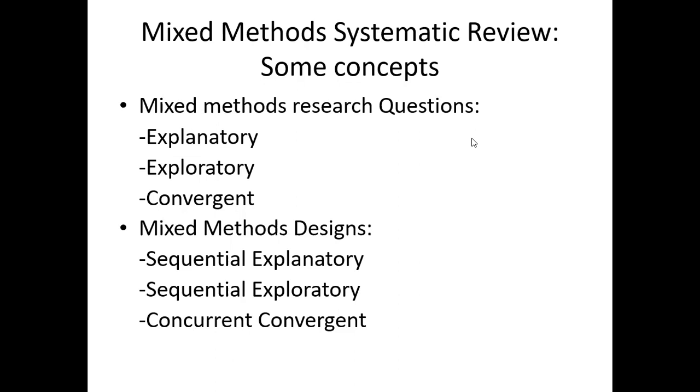So for sequential explanatory, you start with one phase of the studies, either quantitative or qualitative, then you finish with the other in order to answer the question. Concurrent, you have to get the quantitative and the qualitative data at the same time.